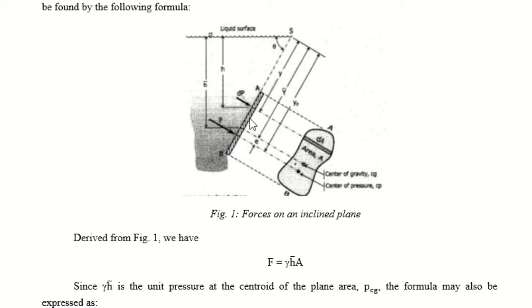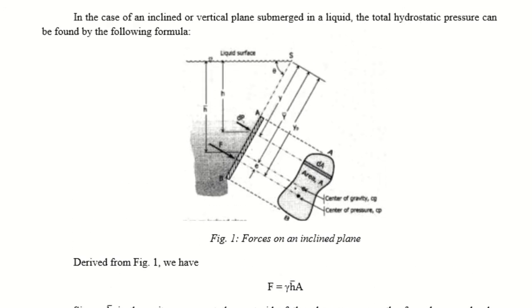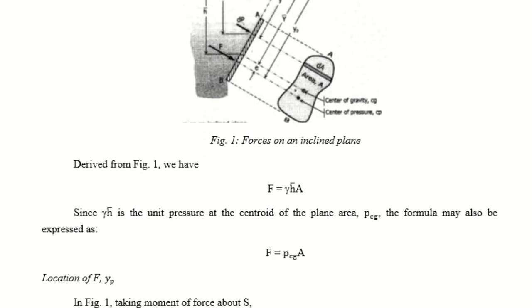Pero, take note, kapag yung area natin is vertical, yung H bar natin is equal to what? Kung yung area natin is vertical, yung YP din natin is vertical. Are you following?